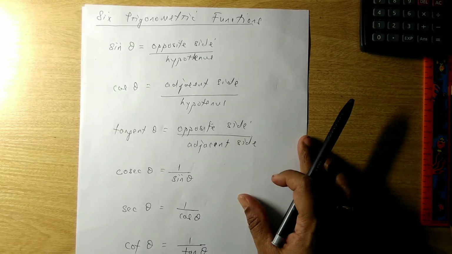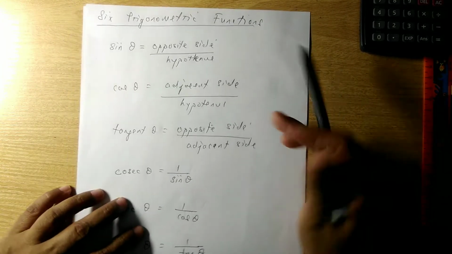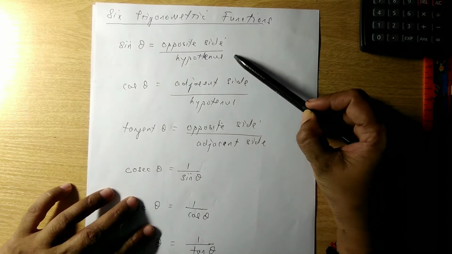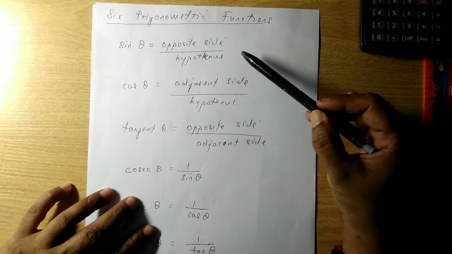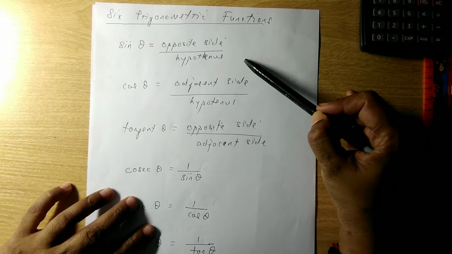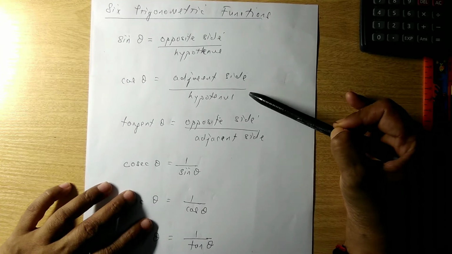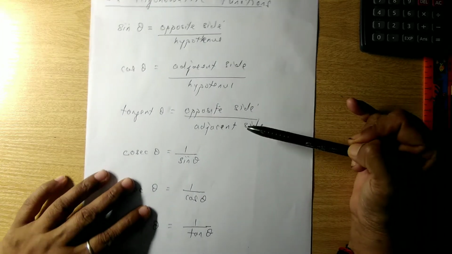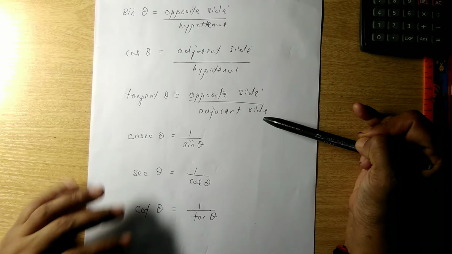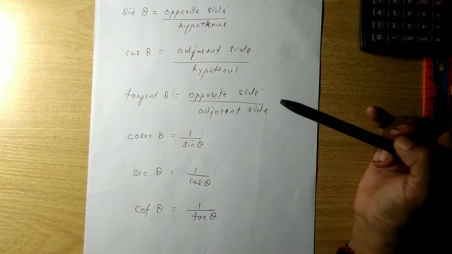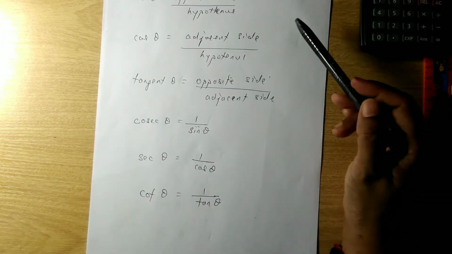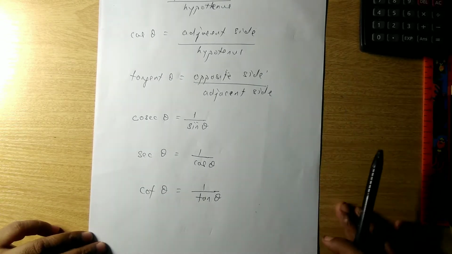Now in this chapter, we have always seen 3: sine, cos, and tangent. Sine is the opposite side over the hypotenuse, cosine is the adjacent side over the hypotenuse, and tangent is opposite over adjacent. Now we've got an extra 3.